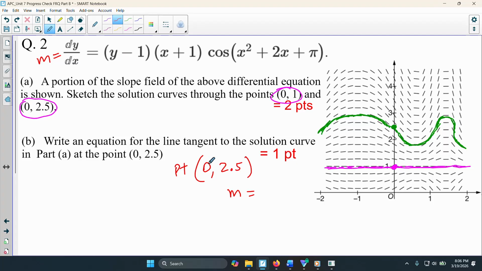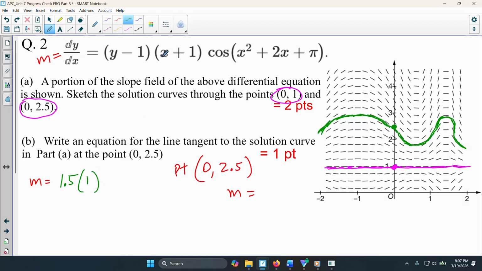So I'll do this m, which is my slope, plugging into the derivative formula or function. This is 2.5 minus 1, so 1.5. I'm going to write 1.5. X equals 0, so that's 0, that's 1.